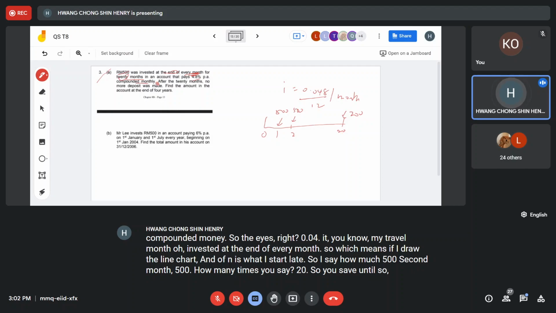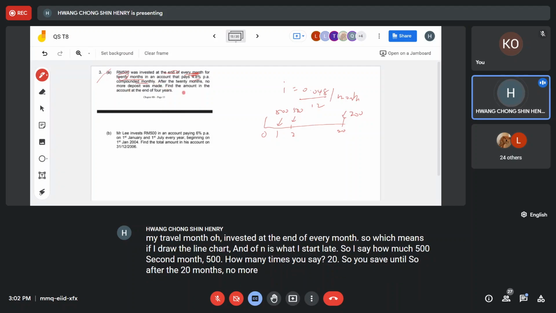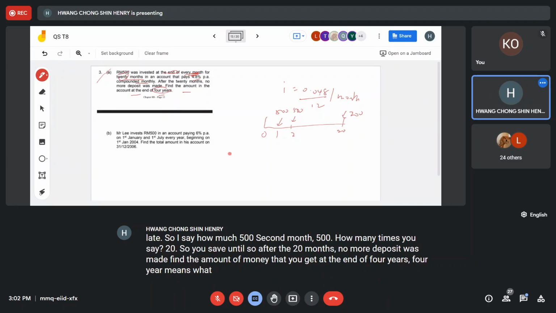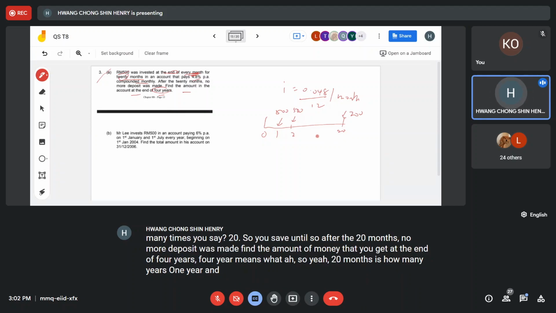So after the 20 months, no more deposit was made. Find the amount of money that you get at the end of 4 years. 4 years means what? See, 20 months is how many years? 1 year is 12 months, right?